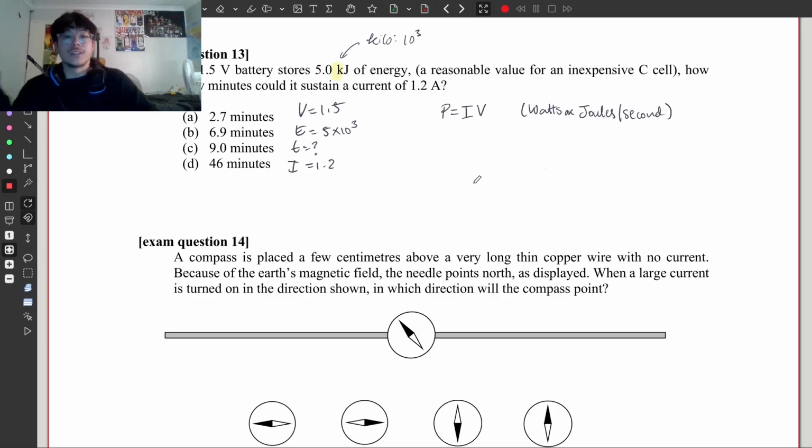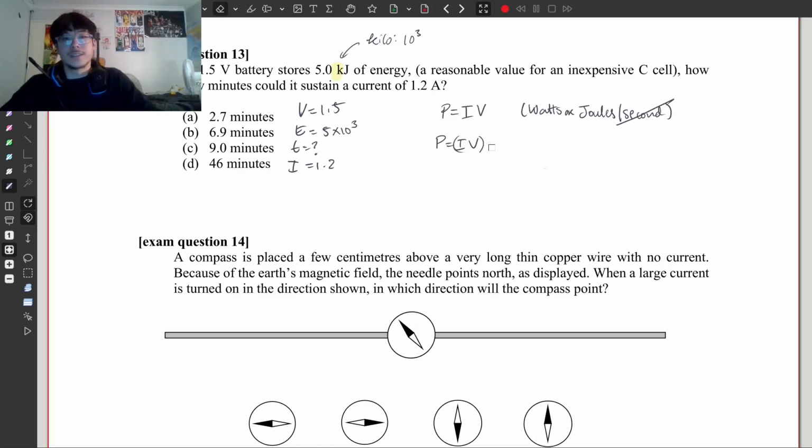So since we know that, if we get power equals IV, and we multiply it by time, we cancel out with the seconds term, and then we're left with a term for energy. So power times time is equal to energy.